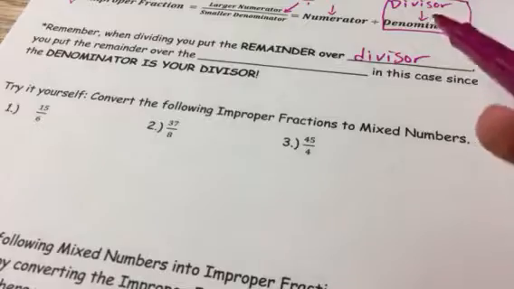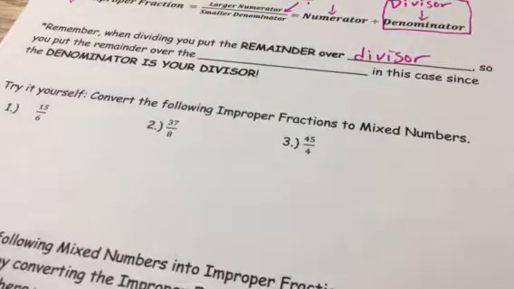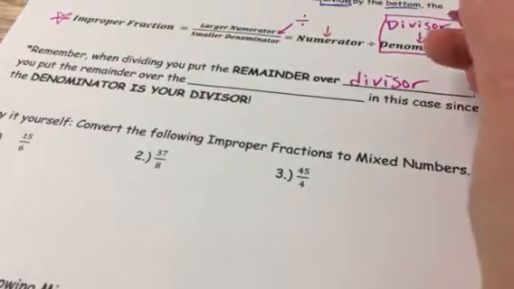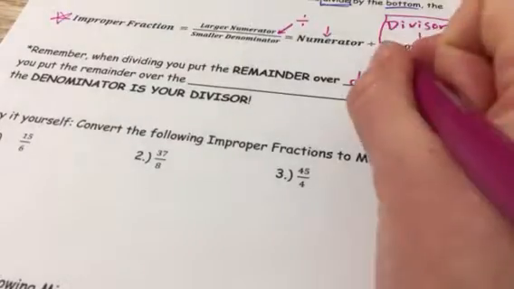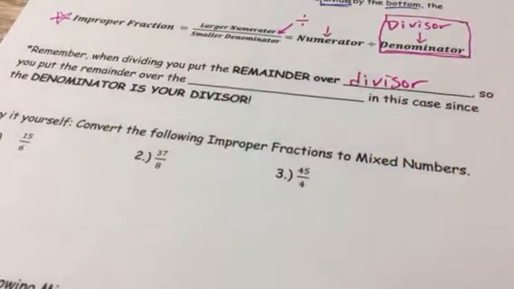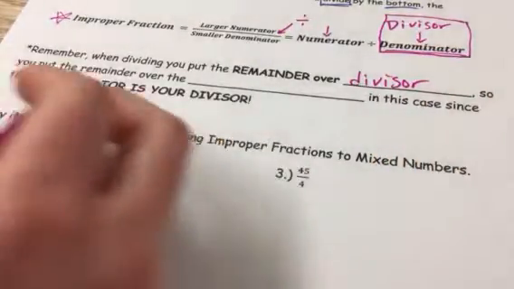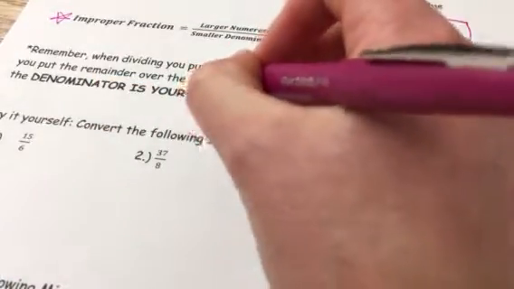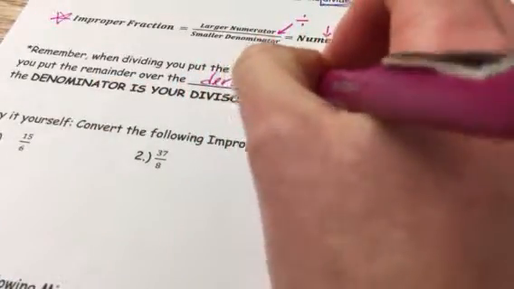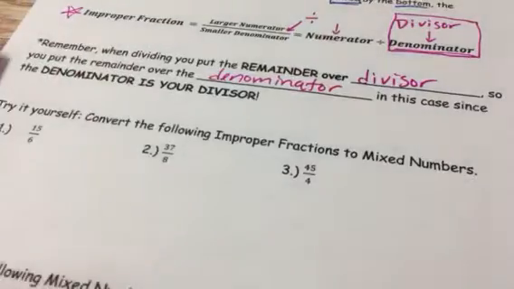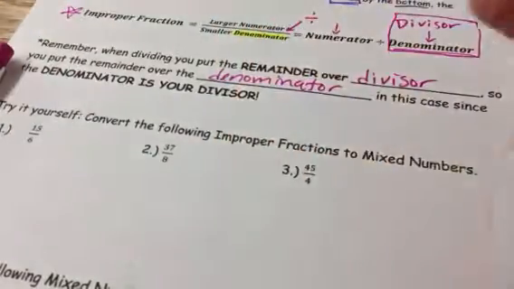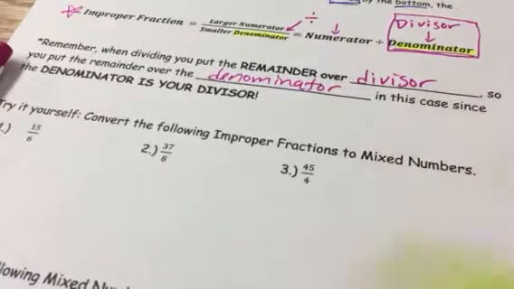So if you always put your remainder over divisor, which we do, then that means you're always putting your remainder over the denominator. So we will put the remainder over the denominator, because that denominator is indeed the divisor. It's the divisor because it's what we're dividing by.